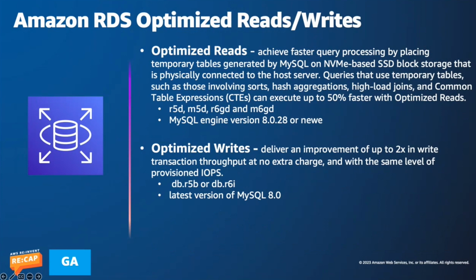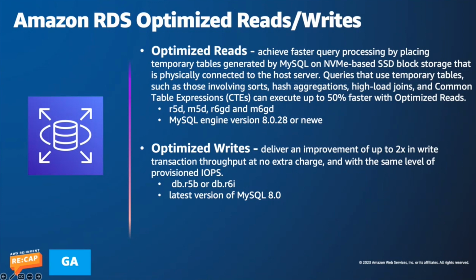And this is really key as well. The Amazon RDS optimized reads and writes, which allows users to run queries up to 50% faster with optimized reads, and the optimized writes deliver an improvement of up to 2 times in write transactions.